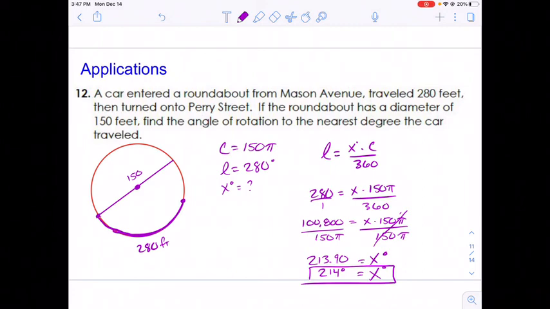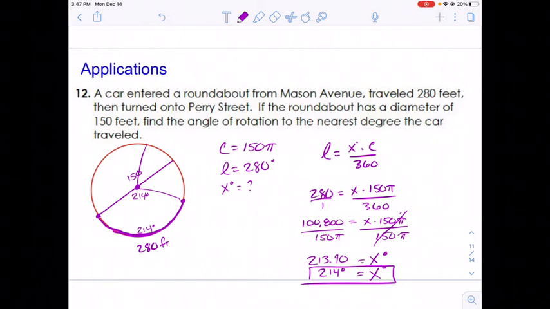This arc right here is going to be 214, which means it's 214 out here, which is not actually correct because it would be somewhere over in here. But for the purposes of working the problem, the numbers work out. It's going to give us 214 degrees.